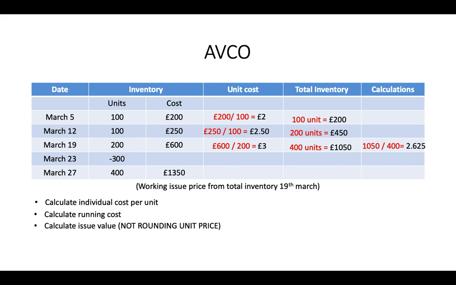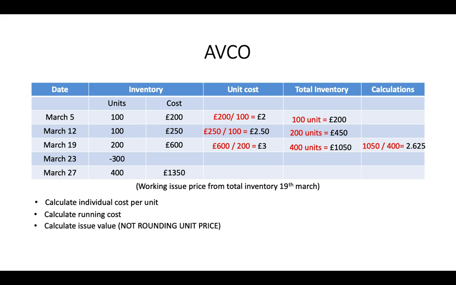Now you need to be careful here. A lot of the questions will tell you to round up your answers. That does not mean to round up your calculation figures. If I was to round this figure up to 3, it would put our calculations askew and give us the wrong answer.